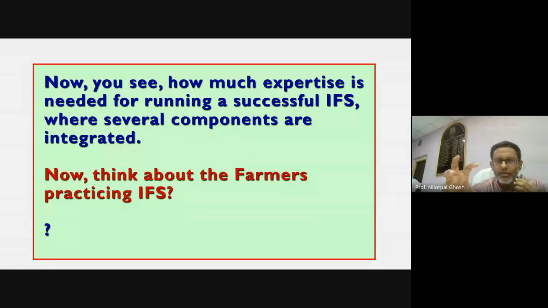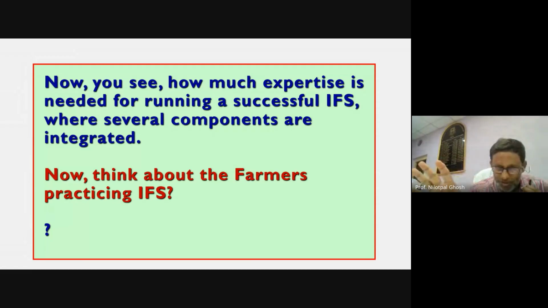Now think, the farmers are practicing this, not a scientist. An agriculture scientist will go to the integrated farming system area, and obviously he or she will be biased towards his side, agriculture, either giving less importance to the other components or ignoring them.